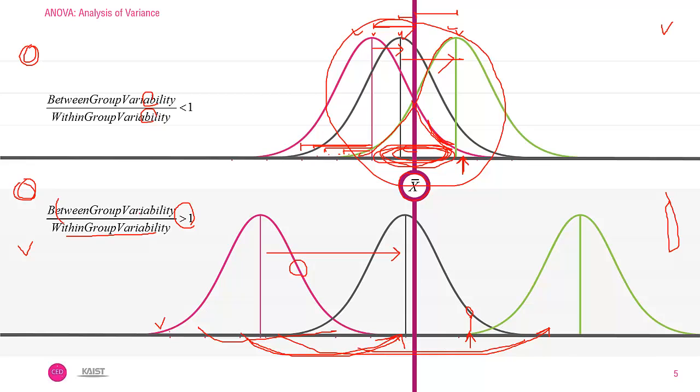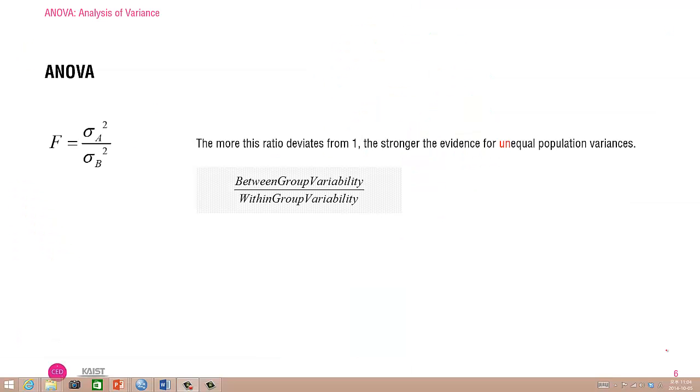I hope my explanation was clear enough. If you have managed to catch my explanation, I think now you know quite everything about the ANOVA test. The ANOVA test consults the F distribution, so we need to know the F value.